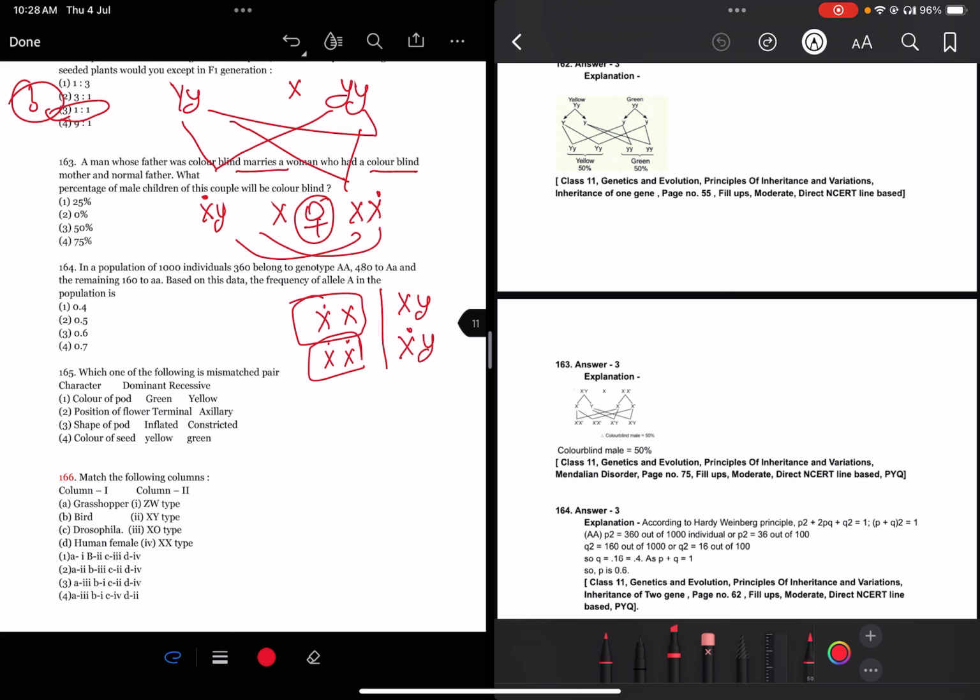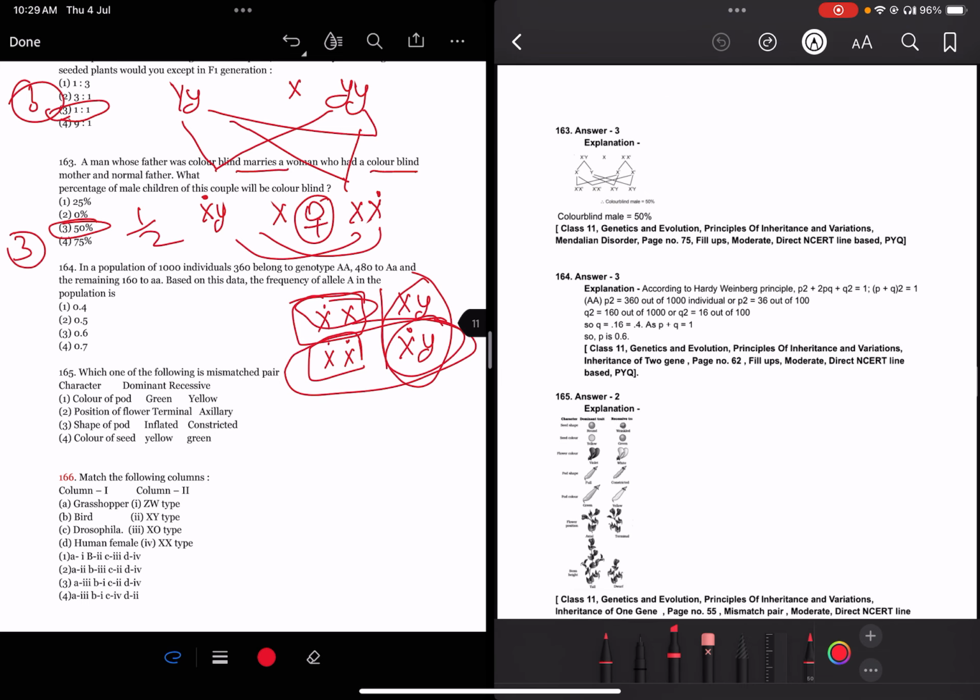Out of the male children, there are two male children, and we are asking about them. One male child is colorblind. So out of two, the percentage is 50%. If the question asks how many children are affected, it would be one out of four, that is 25%. Females can only be carriers. So this is the way to solve the question.